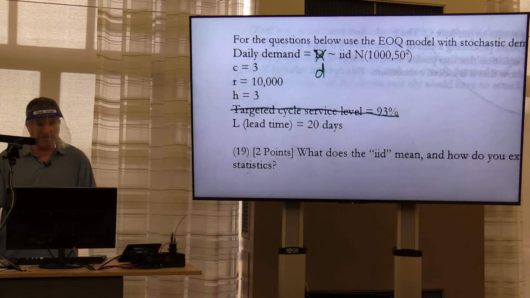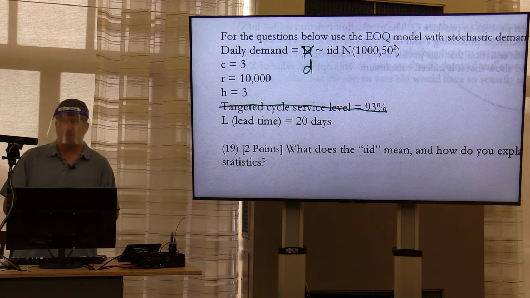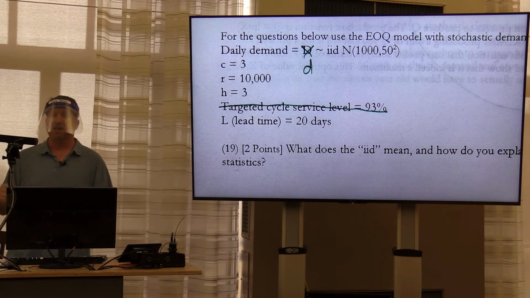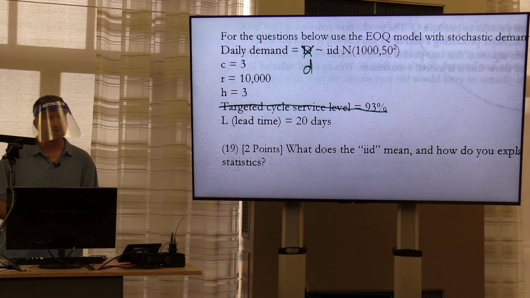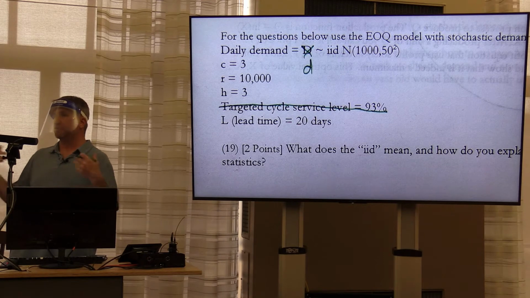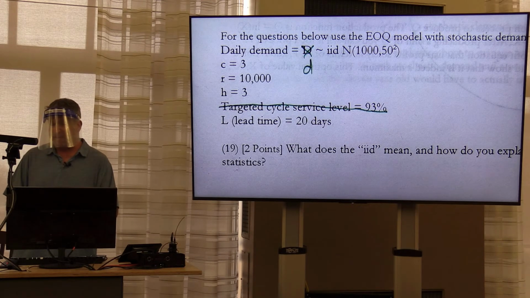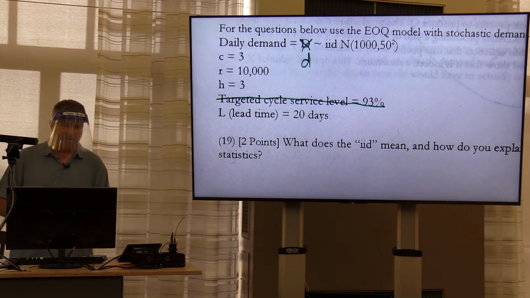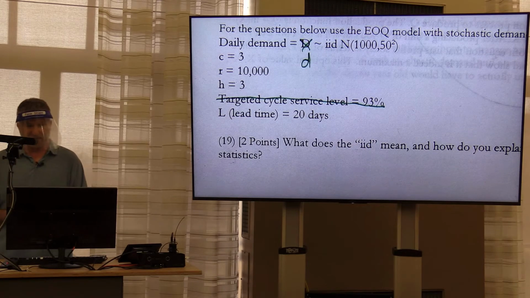And there's also a thing that says targeted service level, 93%. That is the concept of supply chain management, but I'm just setting the service level in stone in a way such that we know to use our 2 standard deviation rule that we're going to do in a second. In all these problems, I have to give you little c, little r, h, and the lead time.